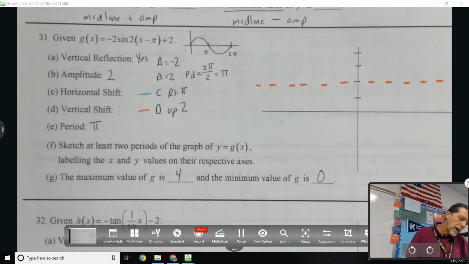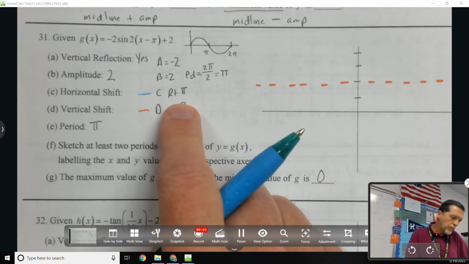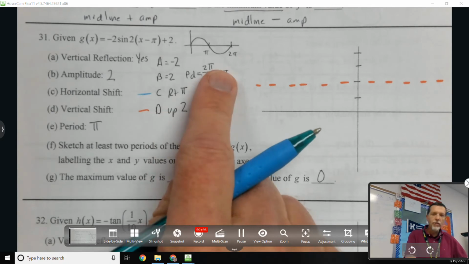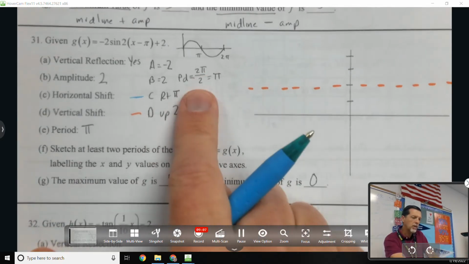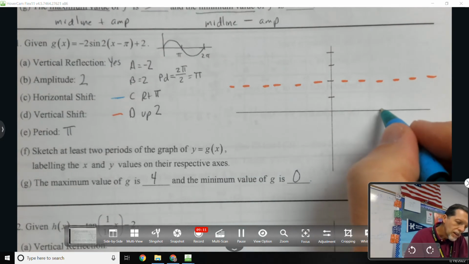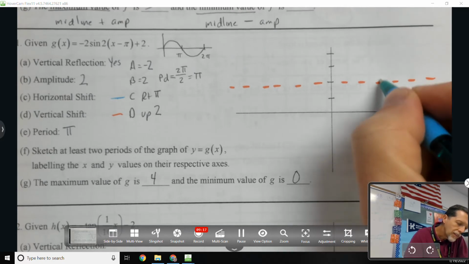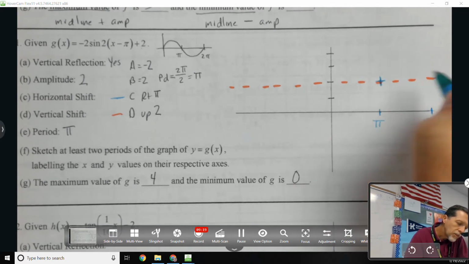Then I'll go right pi to find my new origin, although I need to be careful because I need to think about what the period is. The period's pi as well. So I can come over a decent amount as long as 2 pi will also fit on the graph, because those two things kind of go together.